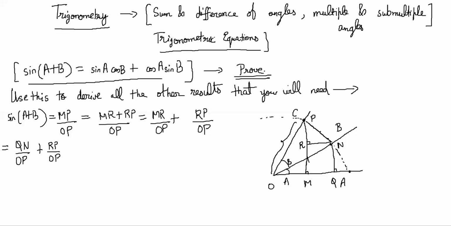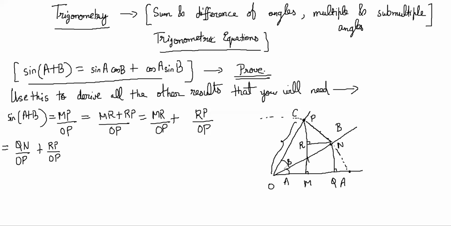Now QN by OP. Notice the distances: QN is here, OP is here. If it was QN by ON, it would have been one triangle.